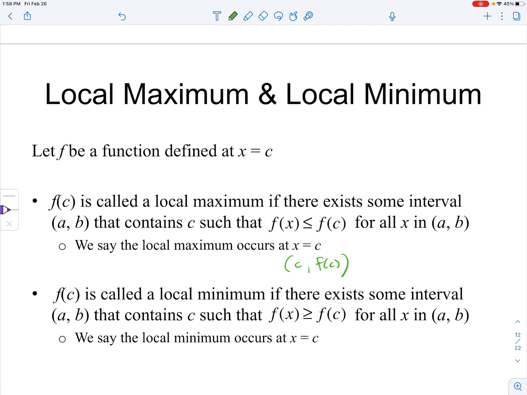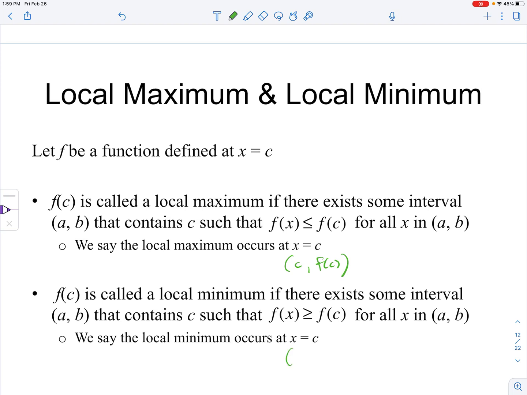f of c is called the local minimum if there exists some open interval from a to b that contains c such that f of c is less than or equal to f of x for all x on that open interval. So that means that if the output value for x equals c, so the y value at x equals c, is less than or equal to the other values on that open interval, then f of c is considered to be the local minimum.